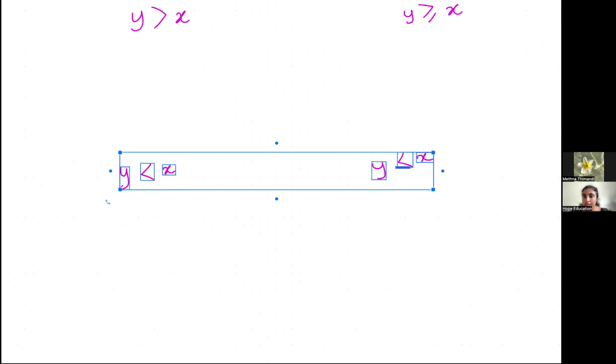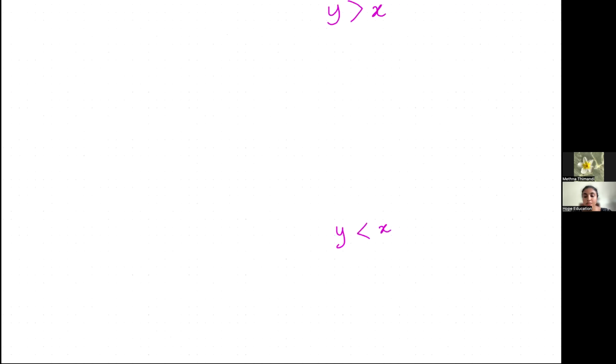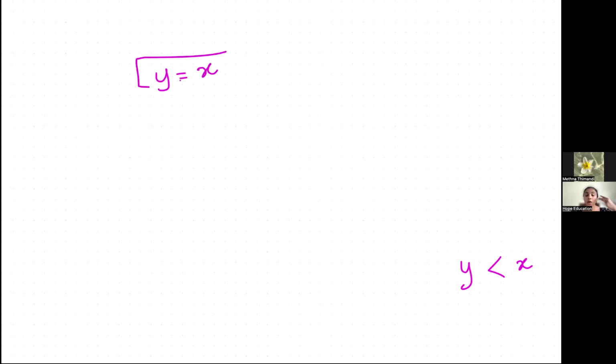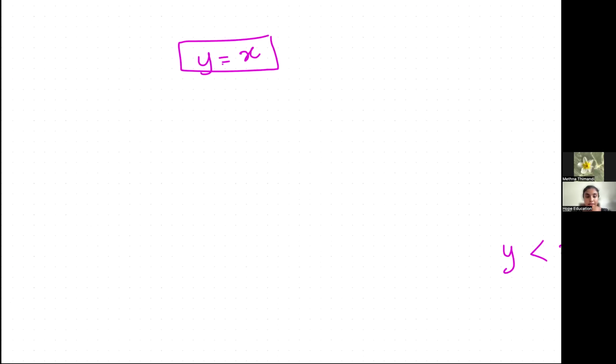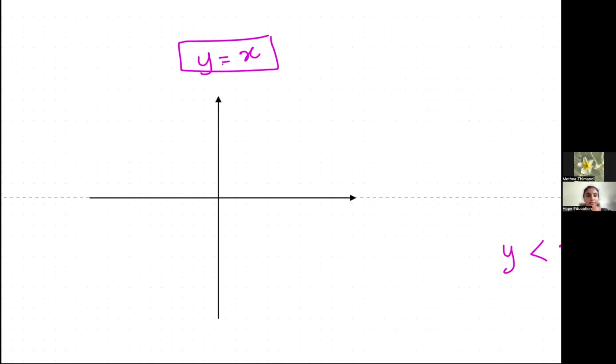Before we talk about this, I want to explain what the line Y equals X is. Now, let's first draw a Cartesian plane. Listen carefully. This is my Cartesian plane. I have the y-axis and I have the x-axis.